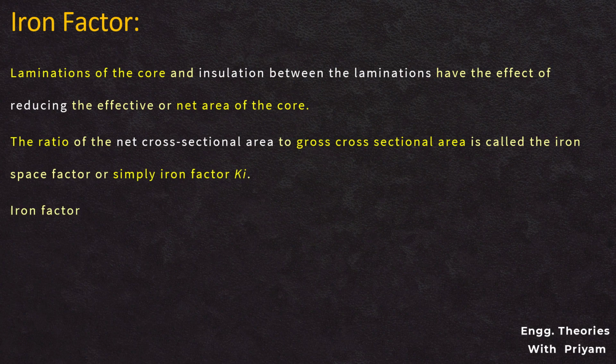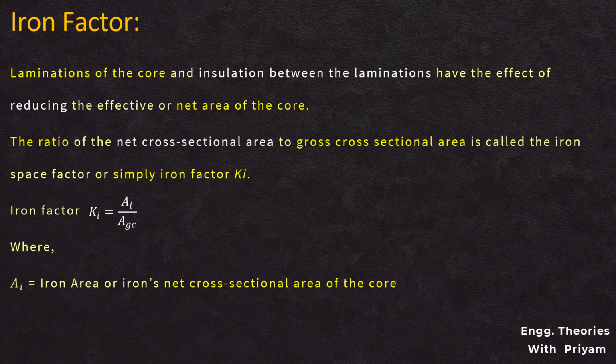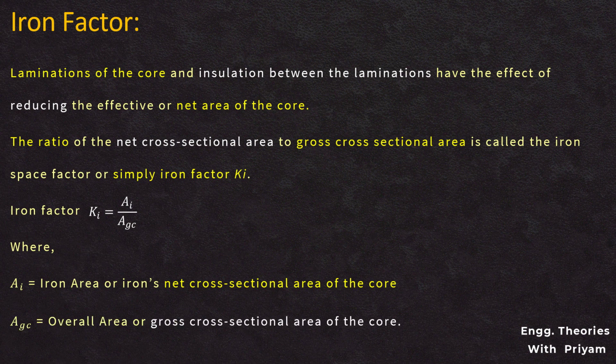So Ki is equal to Ai divided by AGC, where Ai is the iron's net cross section area of the core and AGC is the overall or gross cross sectional area of the core. Ki is less than unity and it is nearly equal to 0.9 to 0.99.